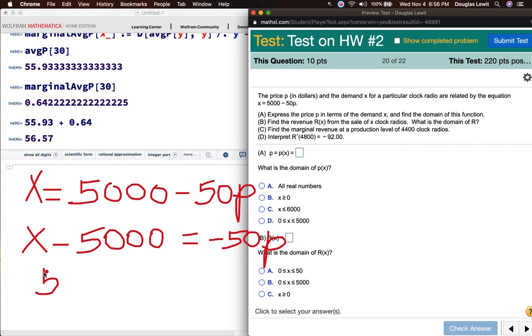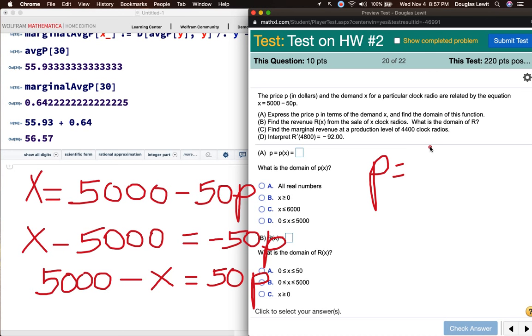That means that 5,000 minus X is equal to 50P. And that means that P is equal to 5,000 minus X divided by 50.